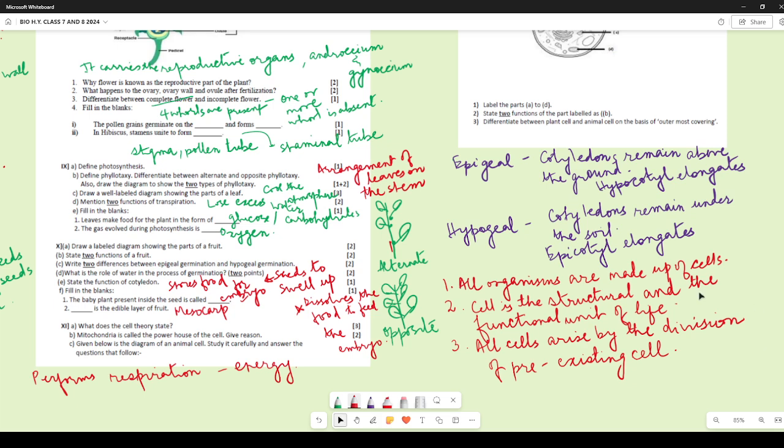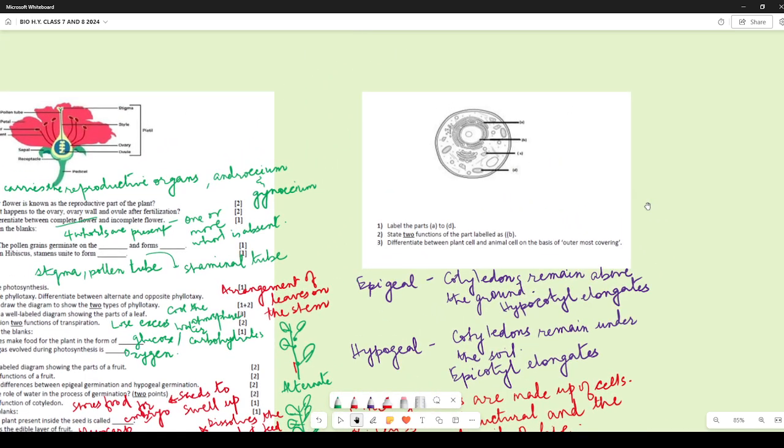Now let us come to the last question, which is the diagram of this animal cell, and let us label the parts over here. So what is part A? Part A is endoplasmic reticulum, right? Part B is the nucleus.